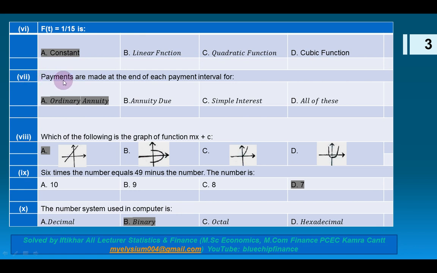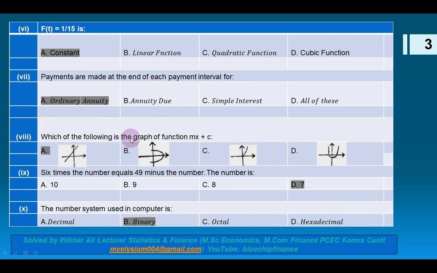Objective number 7: payments are made at the end of each payment interval for. Options: ordinary annuity, annuity due, simple interest, all of these. Correct option is ordinary annuity, because in ordinary annuity each payment or receipt is made at the end of the time period.